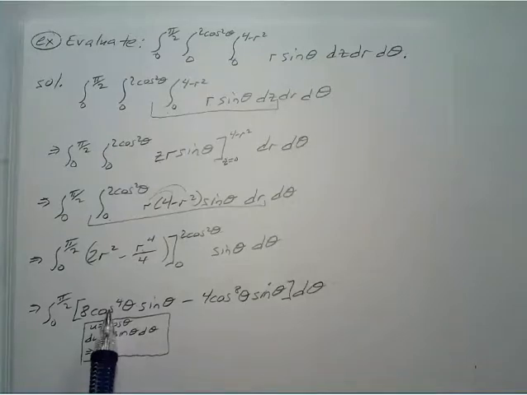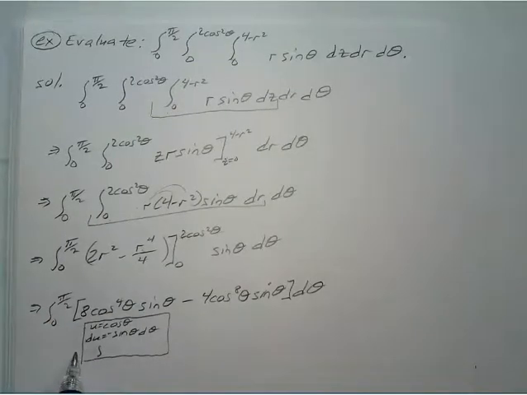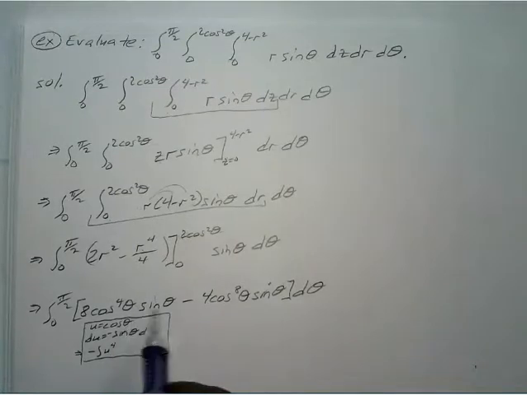So we end up with the integral of u to the fourth, and the negative, we can just bring that out to the front. And that's sine of theta d theta. That's our du. That's negative u to the fifth over 5.